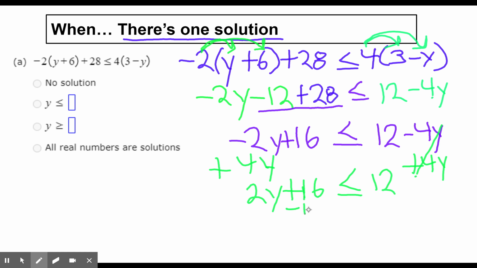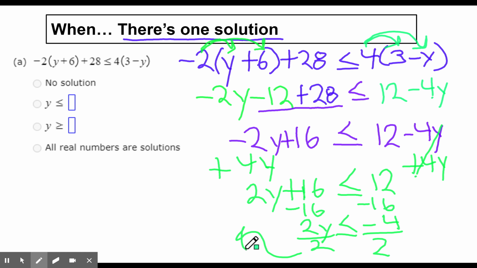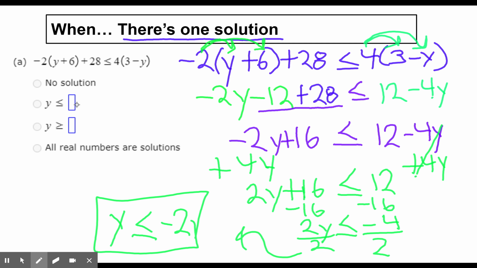I subtract 16 from both sides. I have 2y is less than or equal to -4. Divide both sides by 2. And our final answer is y is less than or equal to -2. In this case, my answer would go right in this box, and I would input a -2.